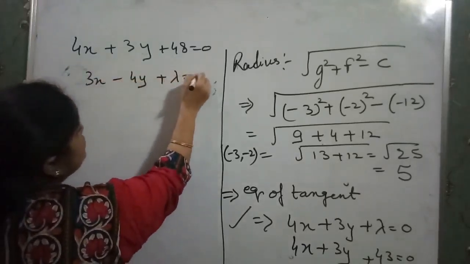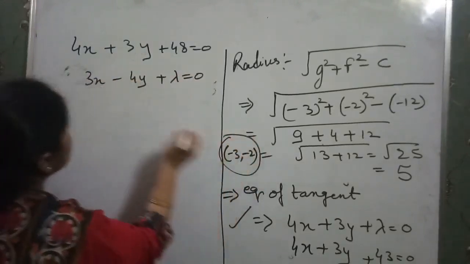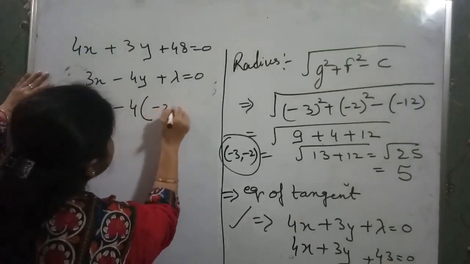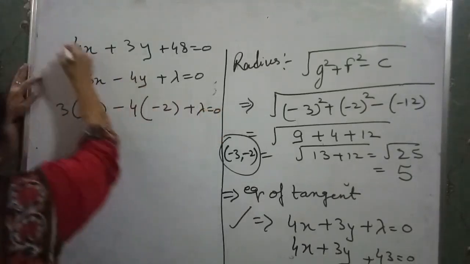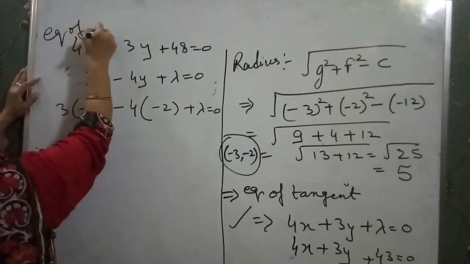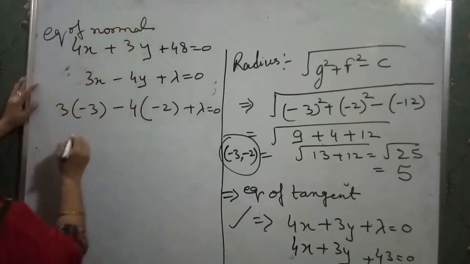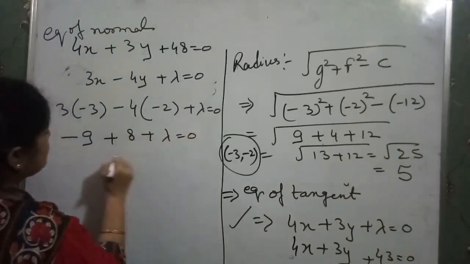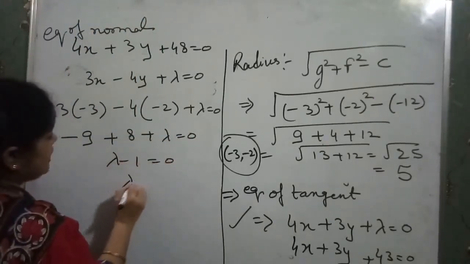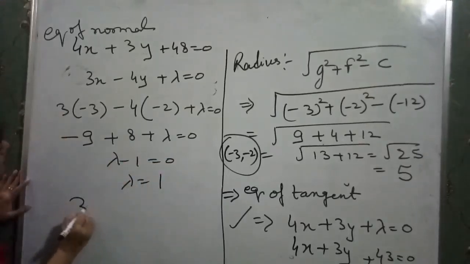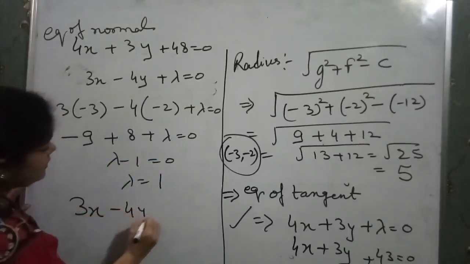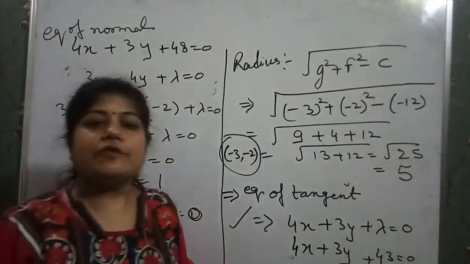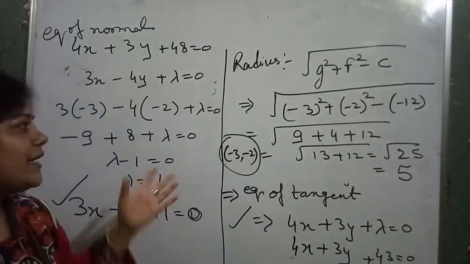Put the coordinates of the center here: 3(-3) - 4(-2) + λ = 0. Clear? Now we have -9 + 8 + λ = 0, so λ - 1 = 0, so λ = 1. So the equation of normal becomes 3x - 4y + 1 = 0. So this is the equation of normal, and this is the equation of tangent. In this way we can find the equations of tangent and normal.